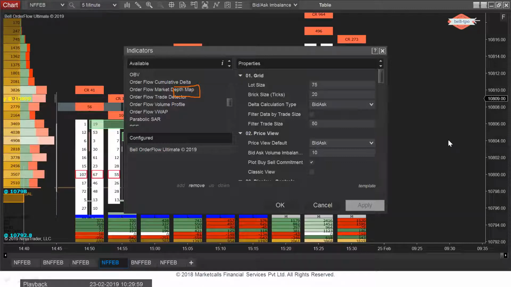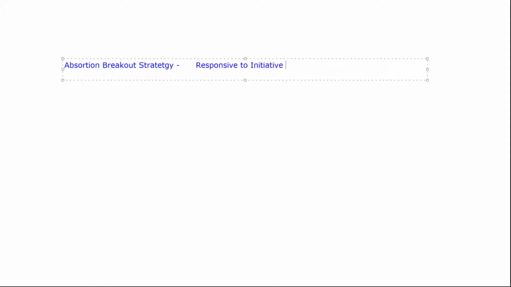So there are many strategies we talked about in today's session. One of them is the absorption breakout strategy. In this strategy, we'll be looking for a responsive auction to convert into an initiative auction.